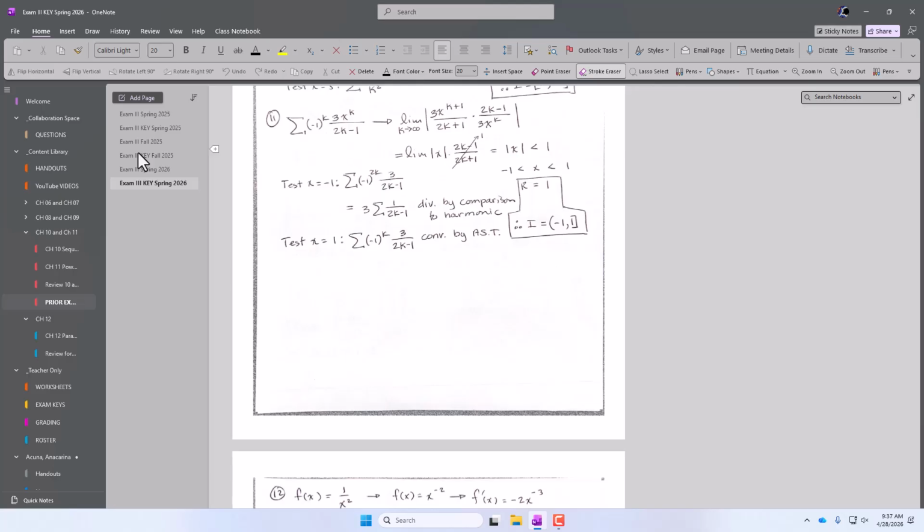Can someone tell us what this limit is? The kth root of 3 as k goes to infinity? If you were going to do the root test, obviously the kth root of x to the k is the absolute value of x.